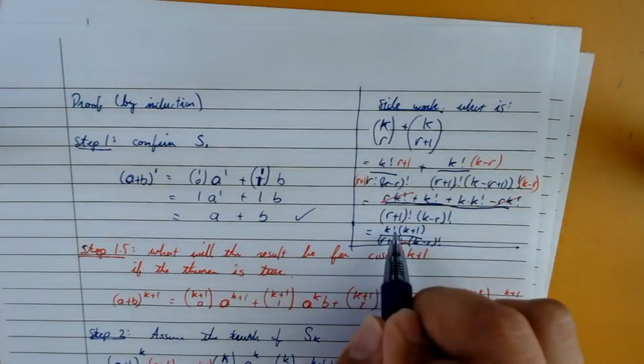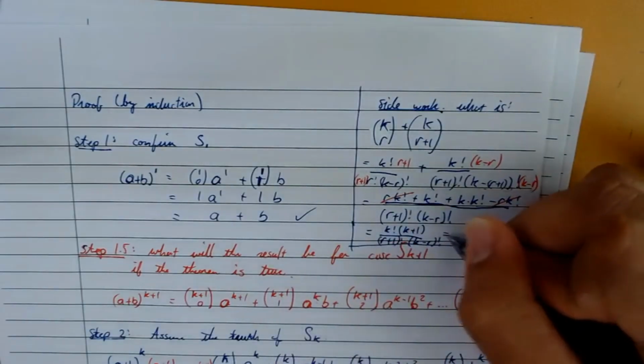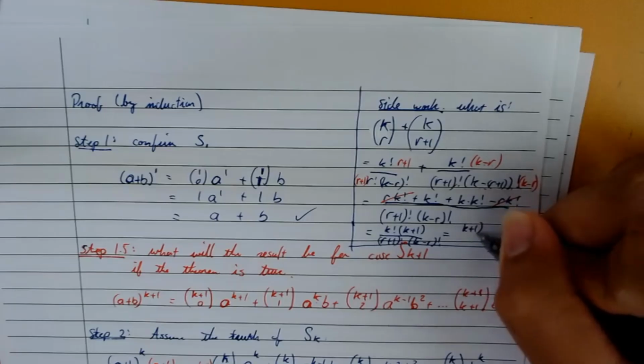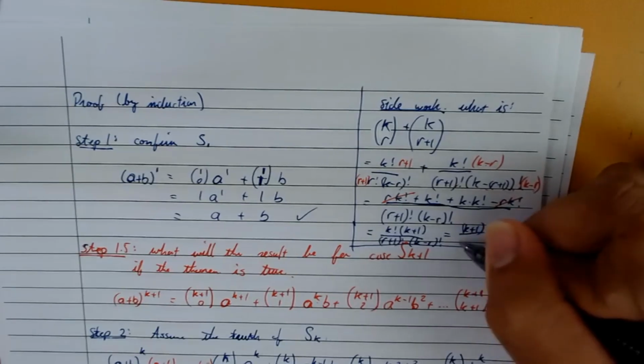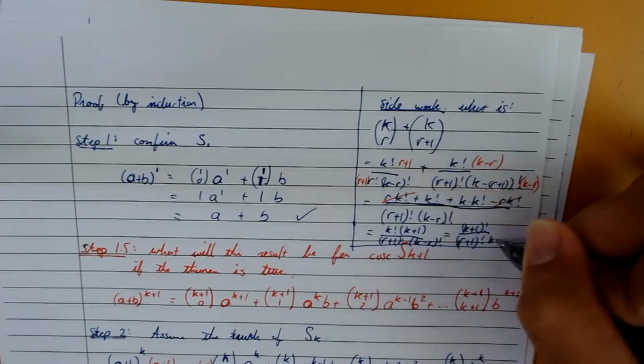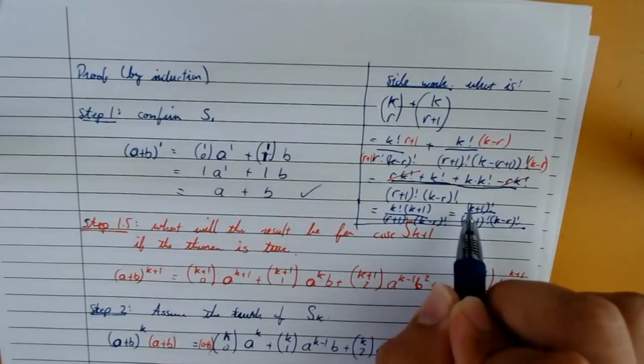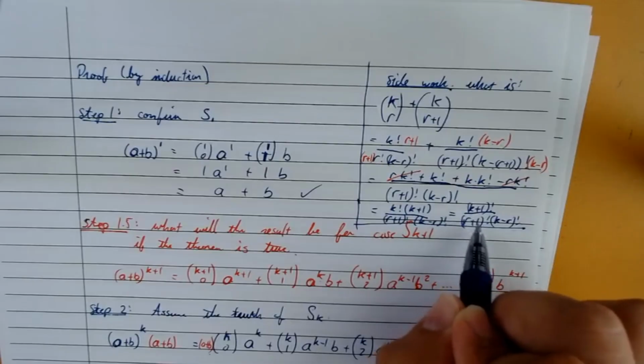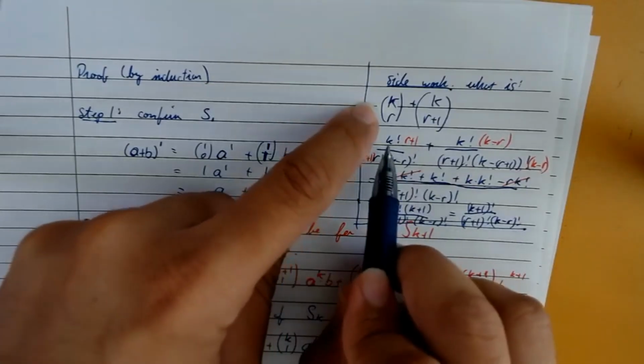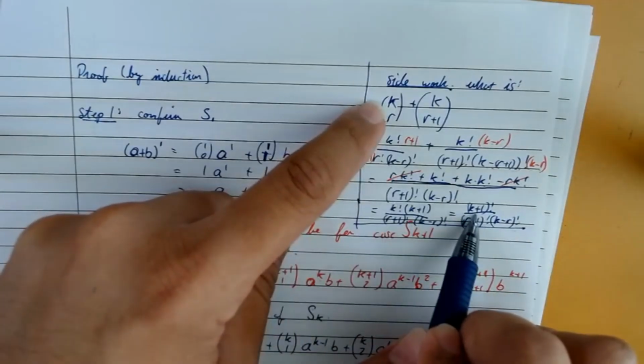But notice, if I take k factorial and multiply by k plus 1, that's k plus 1 factorial over r plus 1 factorial. And that's k minus r factorial. But by definition, that's k plus 1 choose r plus 1. Notice that's the same formula. That k just became a k plus 1.